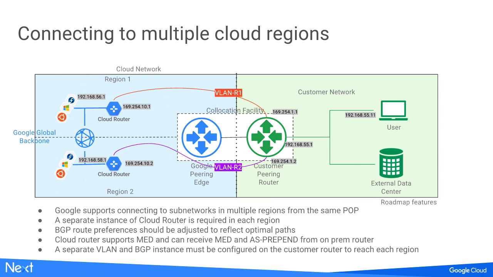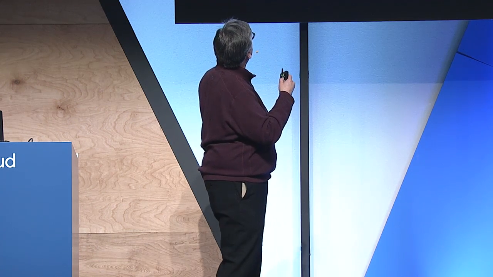So if you're in multiple regions, you'd have a cloud router in one region, a cloud router in another region, and then you'd have VLAN tags going between both of them. So this shows one VLAN tag going to one region, and another VLAN tag would go to another region. All those instances can talk to each other over the Google Cloud backbone.